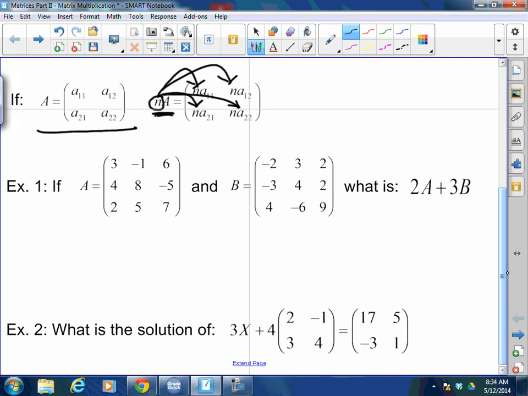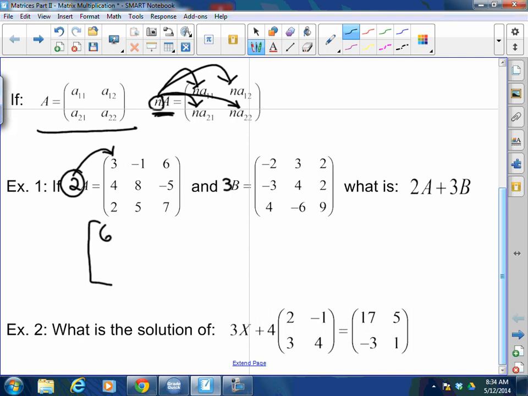For example, I have matrix A and matrix B. I want to find the value of 2A plus 3B. So I'm going to use scalar multiplication, and then I'm going to use the addition properties of matrices. When I multiply 2 times matrix A and 3 times matrix B, this is what I'm going to get. For 2A, please remember, every single element gets multiplied by this 2.